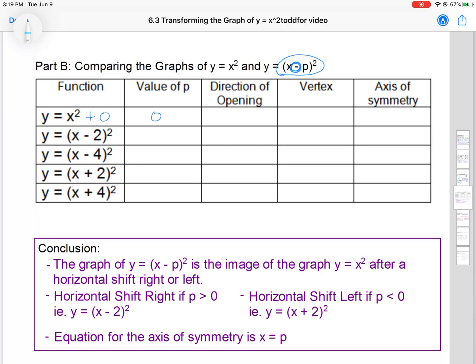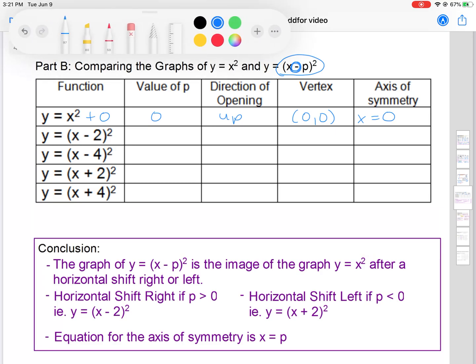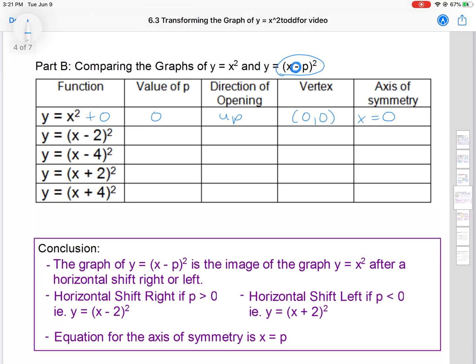So what it means is, this base function is like it's got a 0 at the end. This is our basic parabola, right? So now when it says x minus 2, this form is because of the negative in there.